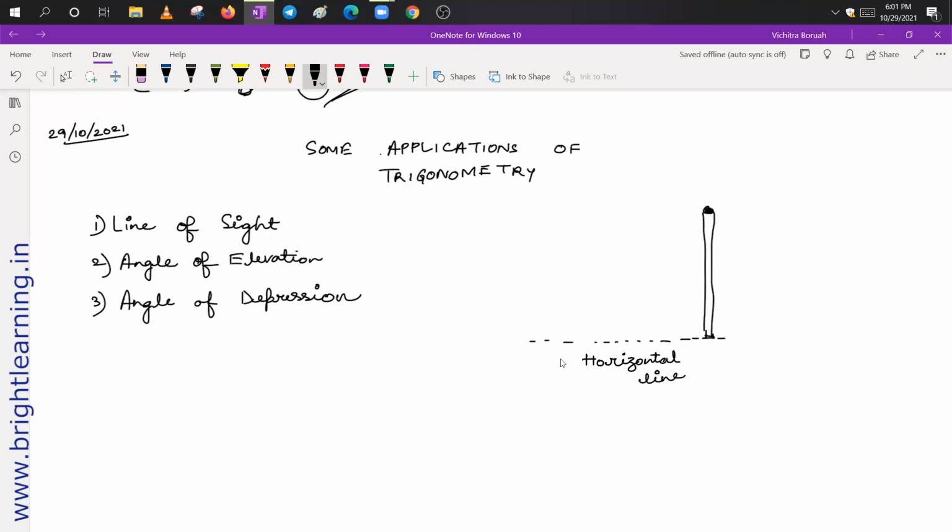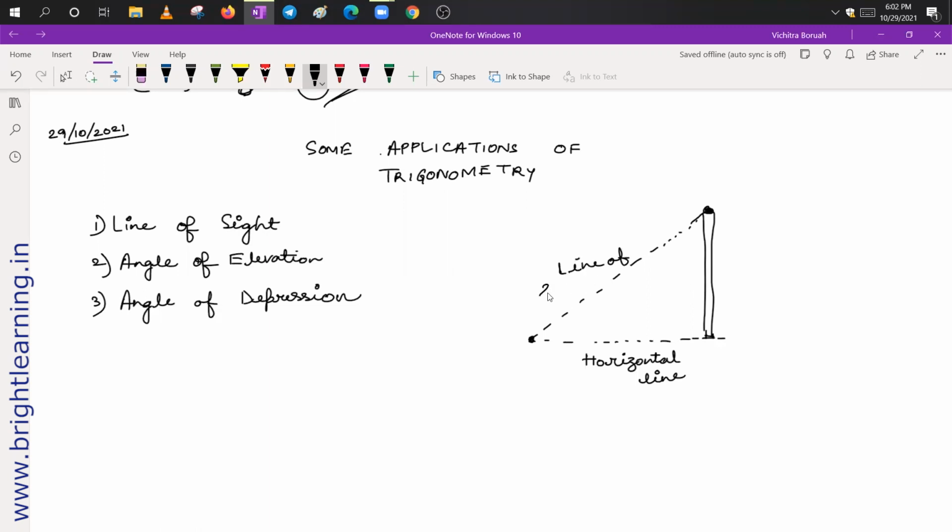Now suppose there is a person here, standing here, and he or she is looking at the top of this building. So this line is called the line of sight.